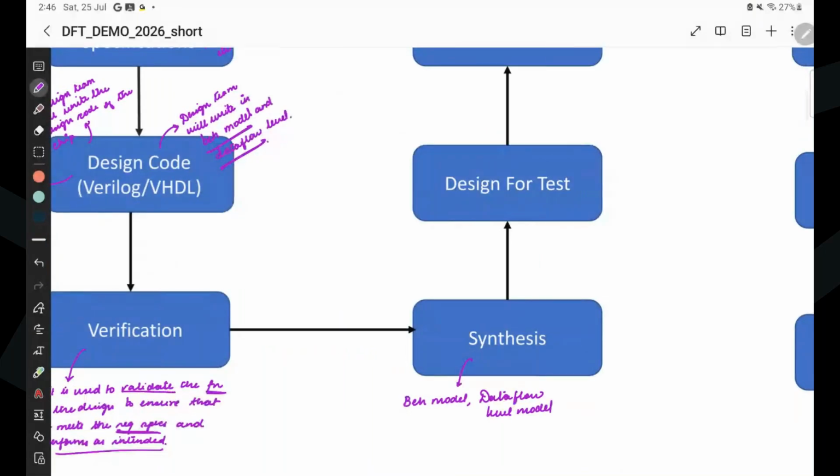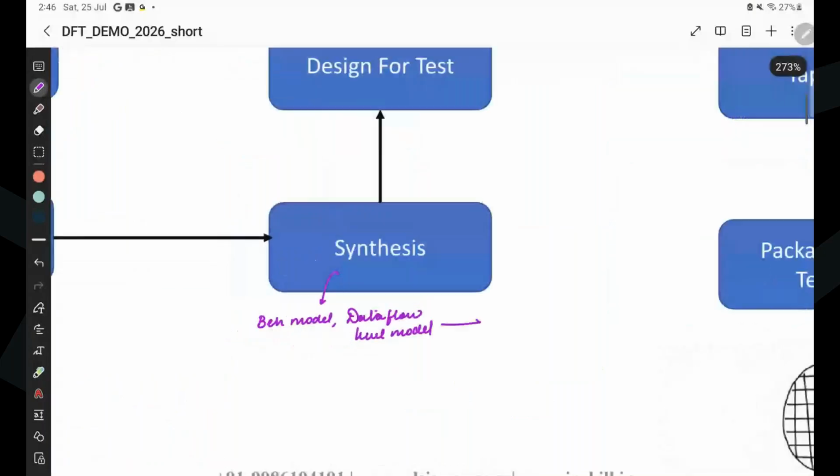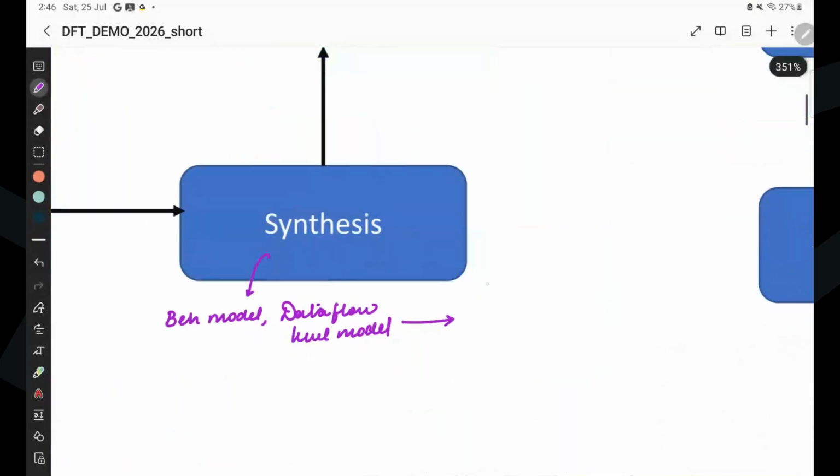That behavioral model and data flow level model code will get converted into structural form, or we can even call it the technology node specific gate level netlist.